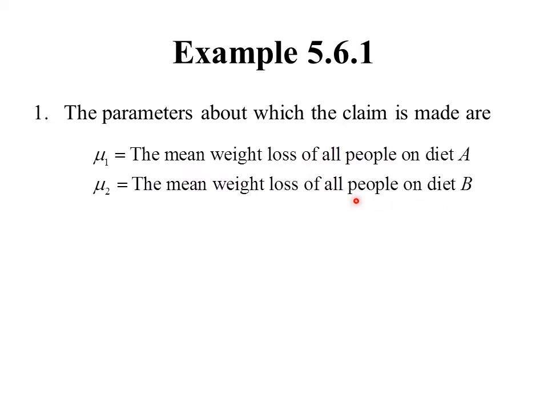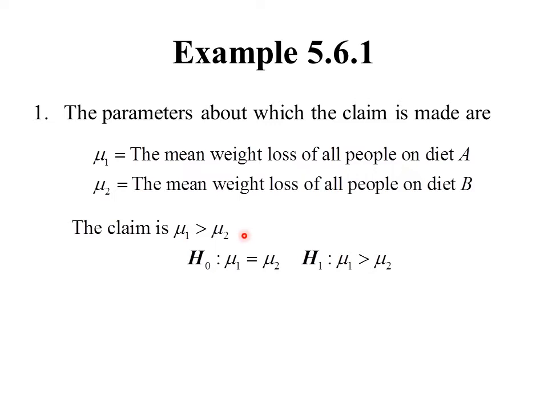Again, we stress the word all here because we're making a claim about larger populations of people. We're not interested in just the 10 people on A and just the 10 people on B. We're interested in larger populations of all people taking these diets. Now our claim in mathematical notation is that mu1 is bigger than mu2. And so our hypotheses are going to be, the null is that mu1 equals mu2.